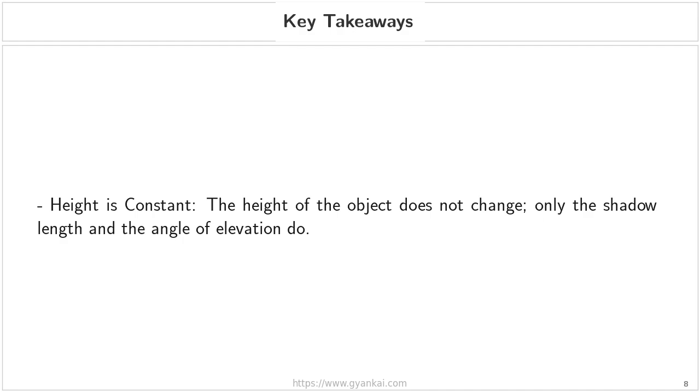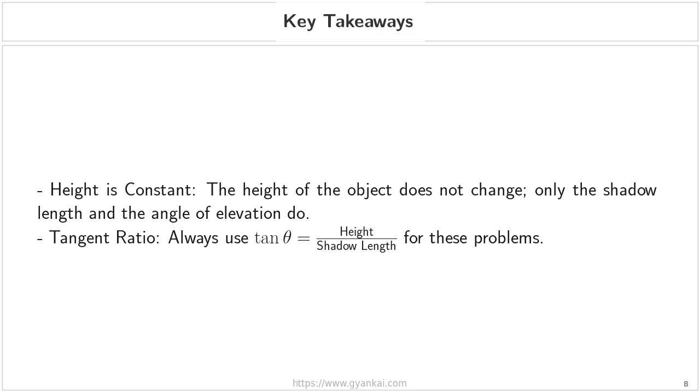It is only the shadow length and the angle of elevation that are changing. Second, when it comes to your trigonometric tools, the tangent ratio is your best friend here. For these specific shadow problems, you should always use tangent theta equals height divided by shadow length. This is because we are almost always dealing with the vertical height as the opposite side and the shadow on the ground as the adjacent side.